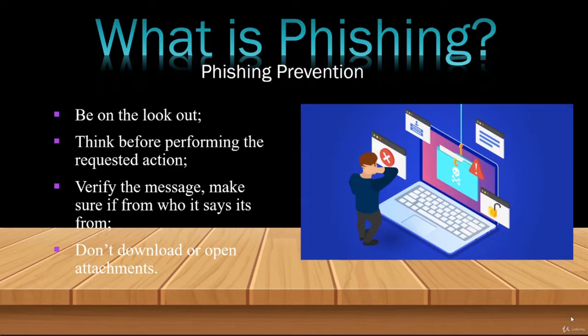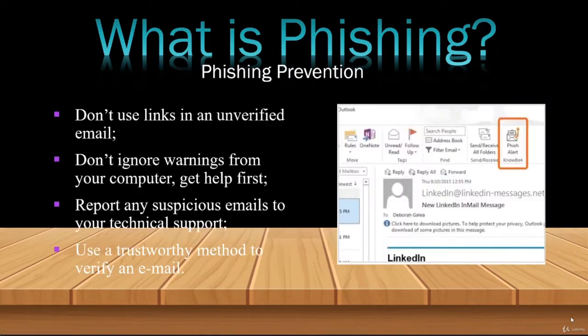Companies like Netflix, Amazon, or even your credit cards will never email you sensitive documents. Don't trust it. If you suspect that an email is a phishing email, you should verify it with the source directly to make sure that it is authentic. Or simply ask your IT department or IT professional, if you have one, to check the email for you.